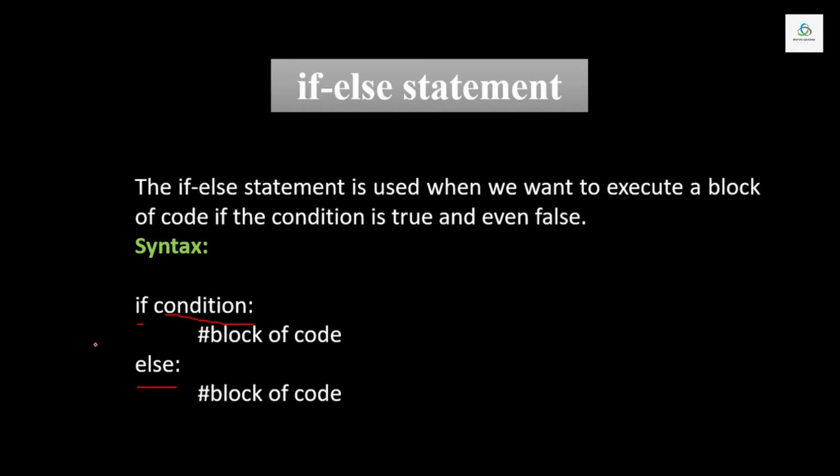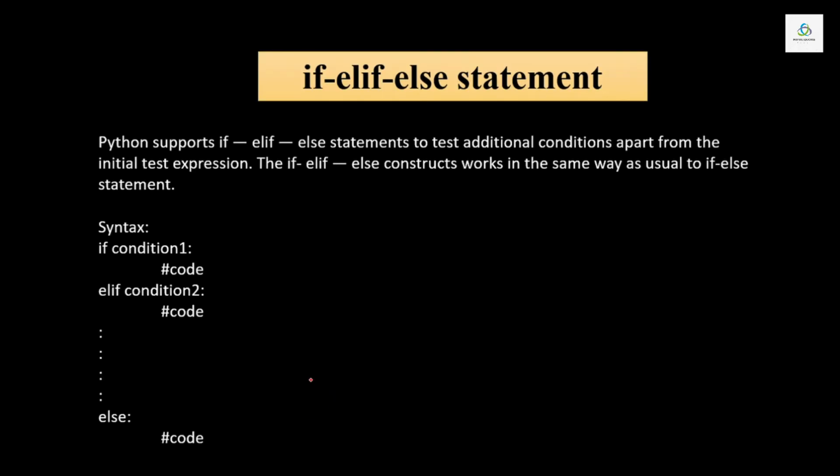So in that case, if you want to execute another block of code when the condition written in the if statement is false, then we use the else block. This block is written only when the condition written before the if statement is false. So now let's see what is the if elif else statement.